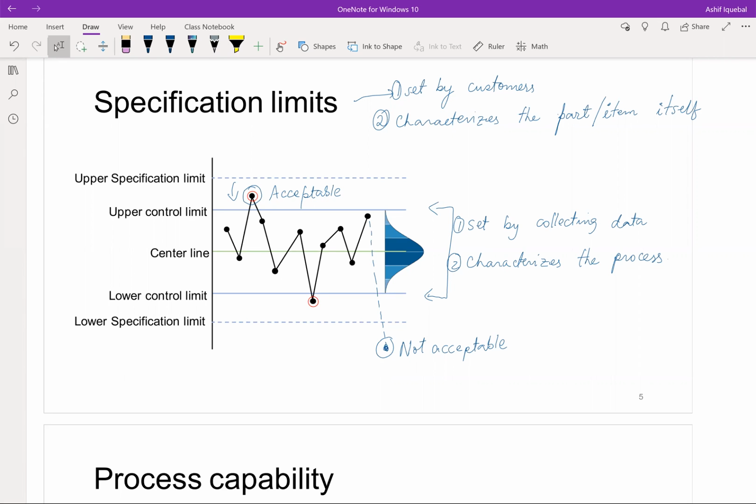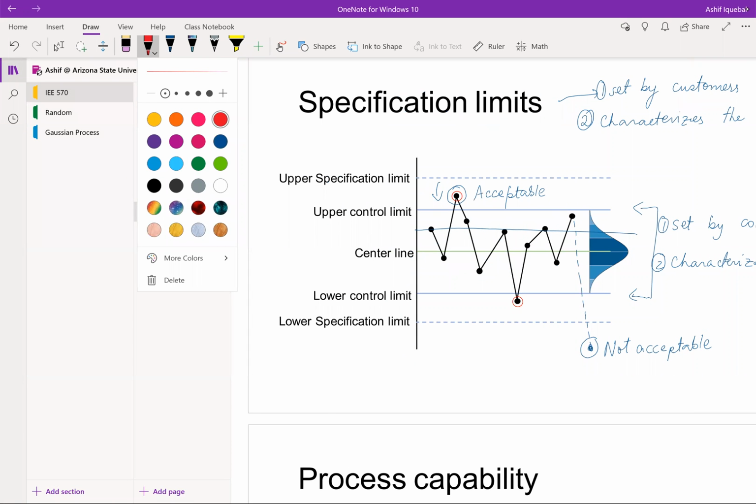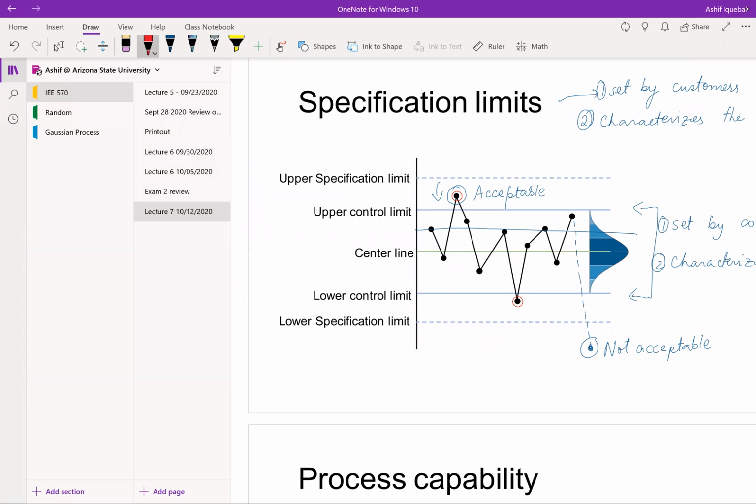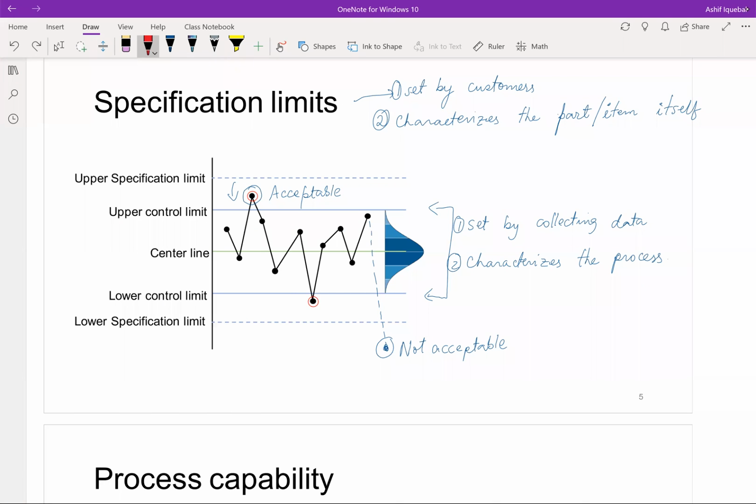The problem with the latter two is that you will have a lot of defective components, right? If I put down the specification limit, let me use a different color, here and here, you can see that the number of defective components will significantly increase, right?